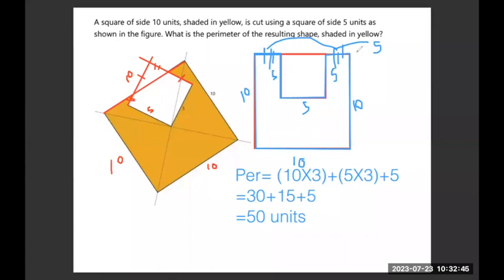If I want to find the total of the blue parts, if one is A and one is B, I want A plus B, because I'm still yet to add the edge. I counted this U and the outer U in the perimeter, but two parts still remain to find the total perimeter. So A plus B will be 10 minus 5, which is 5. That's why we added the last 5.